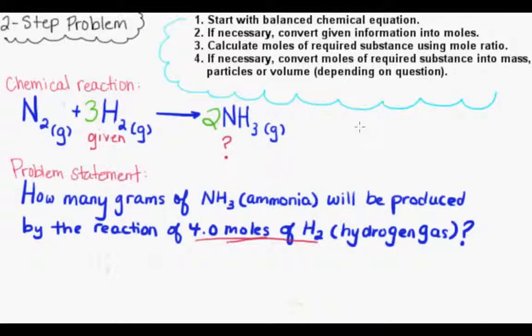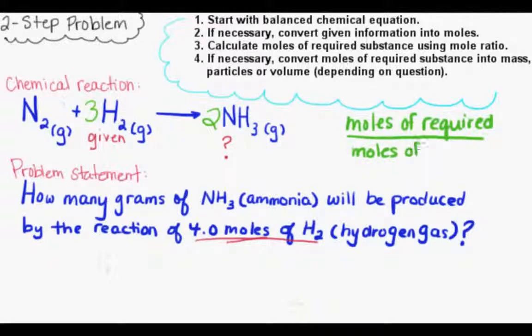And here's just a reminder of how you can always find the proper mole ratio. You're always going to want moles of your required substance, so the coefficient of that from the balanced equation, over the moles of the given substance in the balanced chemical equation. So just to remind you of that, it's right there.